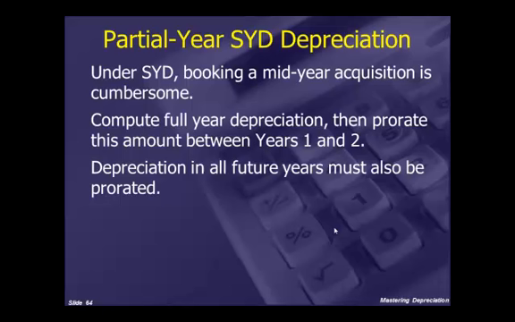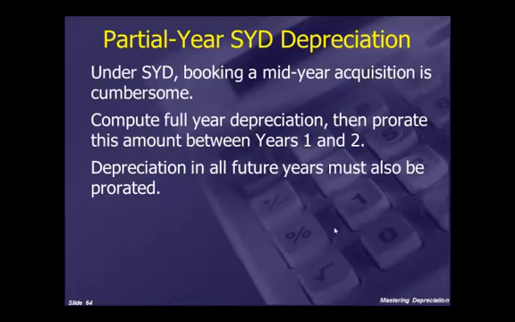Under sum of the year's digits, booking a mid-year acquisition is very cumbersome, because you need to compute the full year depreciation, then prorate this amount between years 1 and 2. Depreciation for all subsequent years has to be prorated. As in the example before with 5/15, if we don't use it the first year with a full 12 months, we're going to have to take 12 months and use that fraction 5/15.